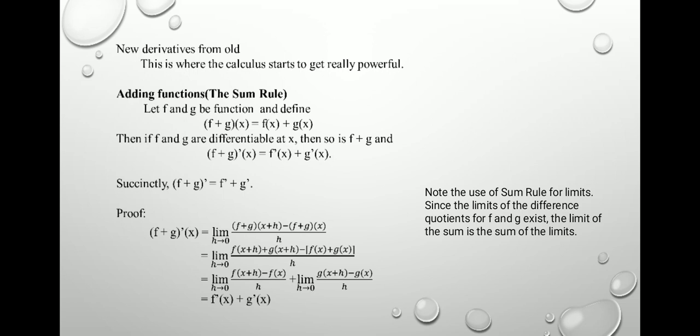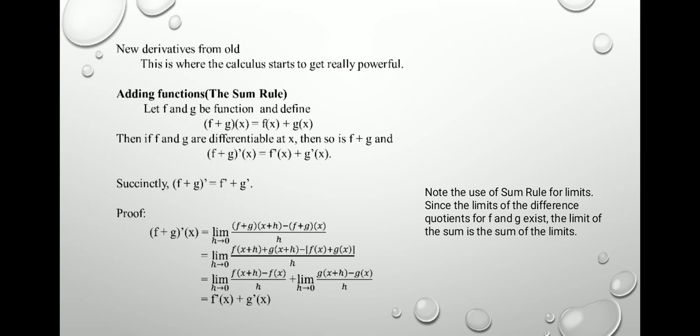We have the proof here. The quantity (f plus g) prime of x is equal to the limit of ((f plus g)(x plus h) minus (f plus g)(x)) over h, which is equal to the limit of (f(x plus h) plus g(x plus h) minus f(x) minus g(x)) over h as h approaches 0.